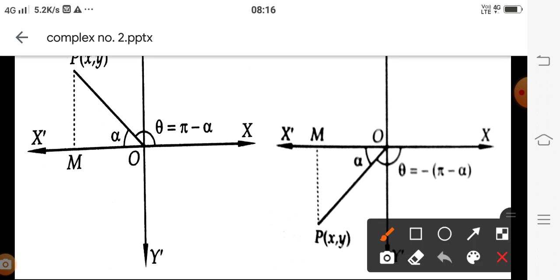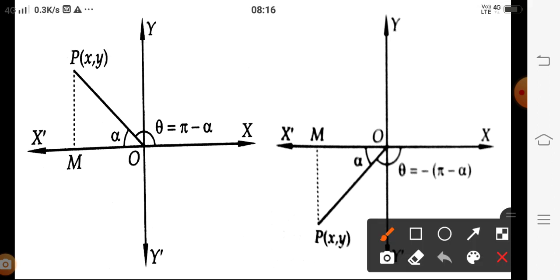In the third one, the complex number lies in the second quadrant, and here you get theta is equal to pi minus alpha. Tan alpha you have to find similarly. Suppose you get alpha as pi by 3, then you subtract that value pi by 3 from pi, and pi minus pi by 3 is the argument for the given complex number.